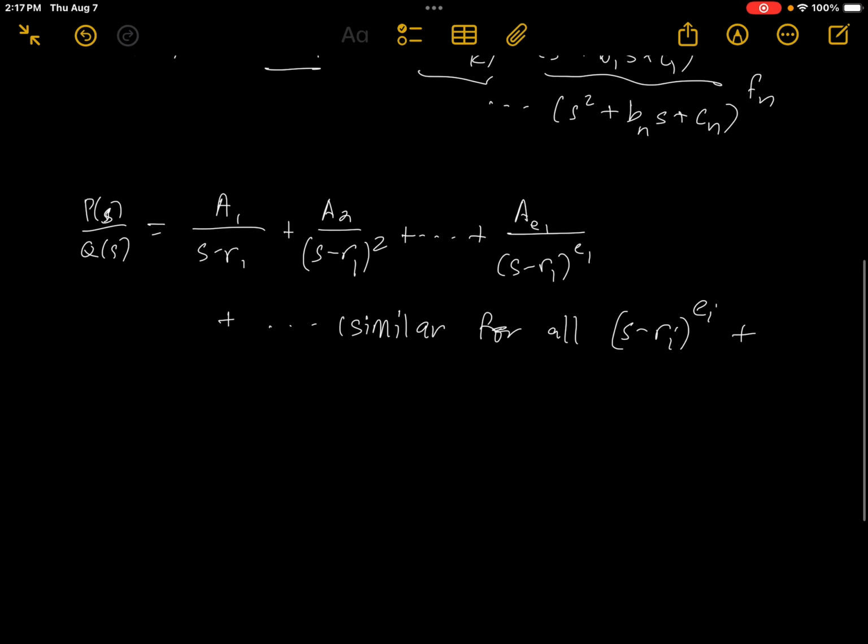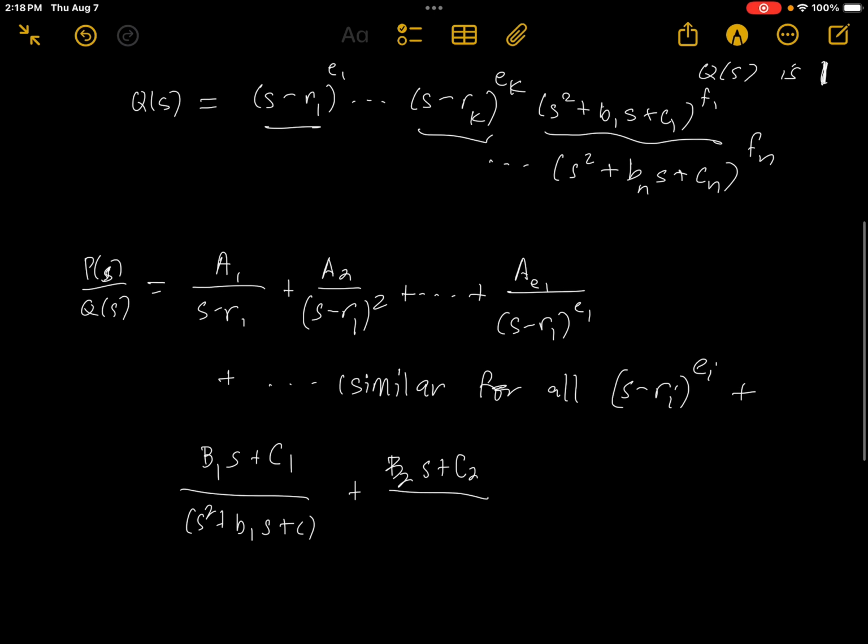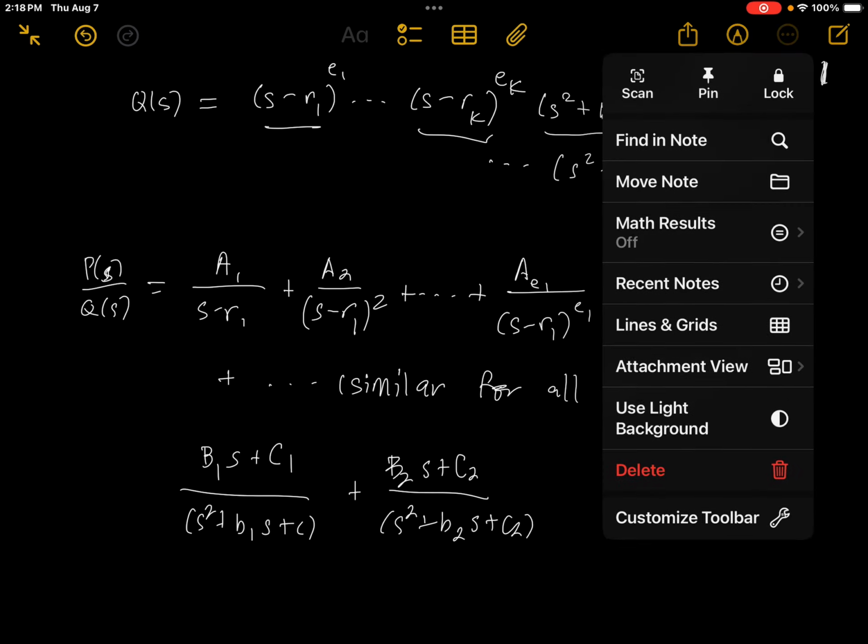So you're going to get something like B1S plus C1 over S squared plus B1S plus C1, plus B2S plus C2 over S squared plus B2S plus C2. Oh, oops, these are the same.